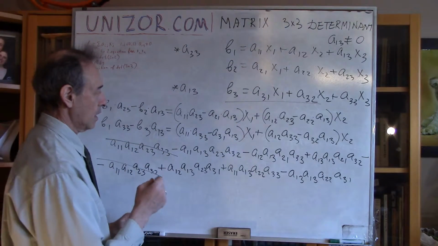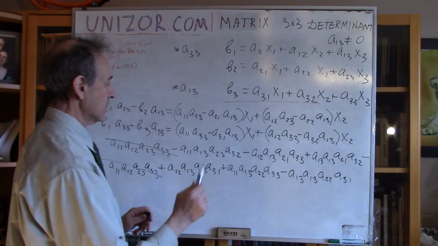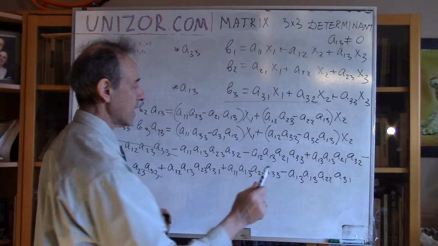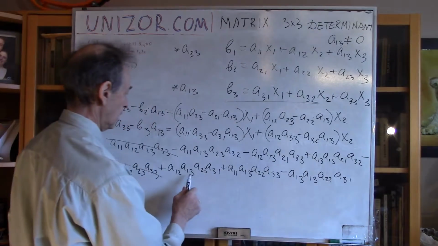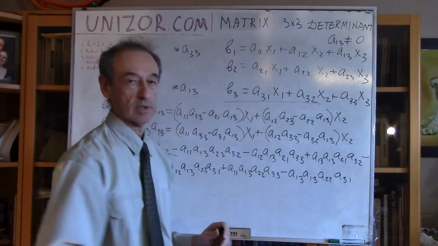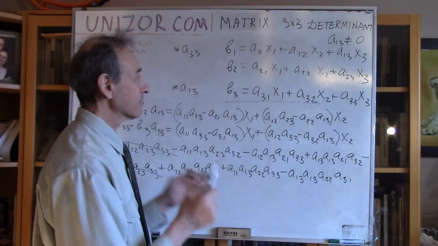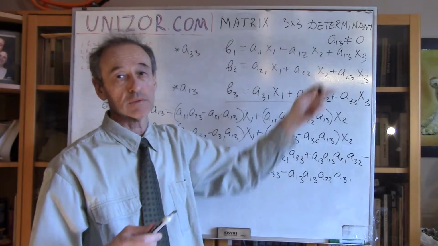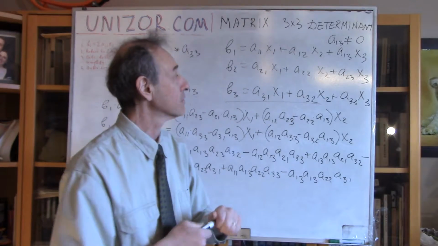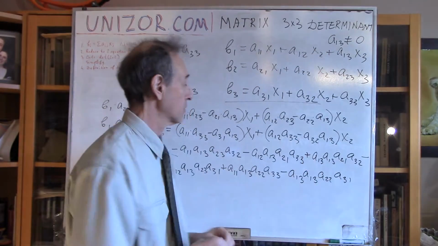Now, what's interesting is that all other members contain A13 as a factor. You see, A13, A13, A13, A13, A13, and A13, okay? So I basically assume that A13 is not equal to 0 because I had to assume that one of these coefficients is not equal to 0, right?